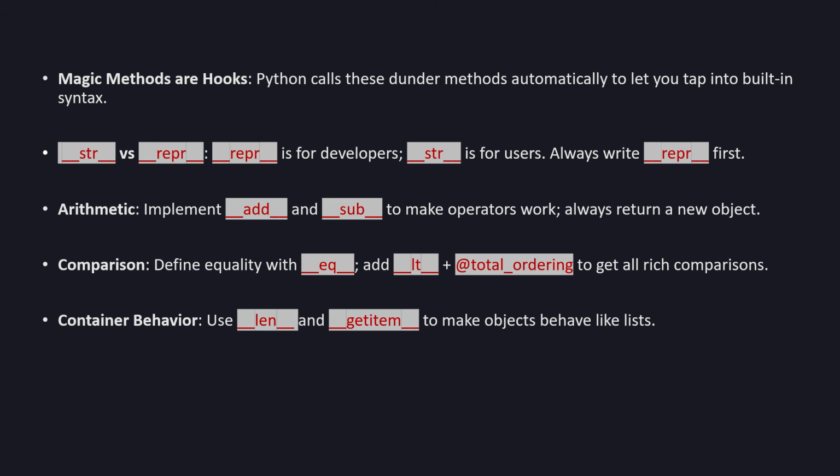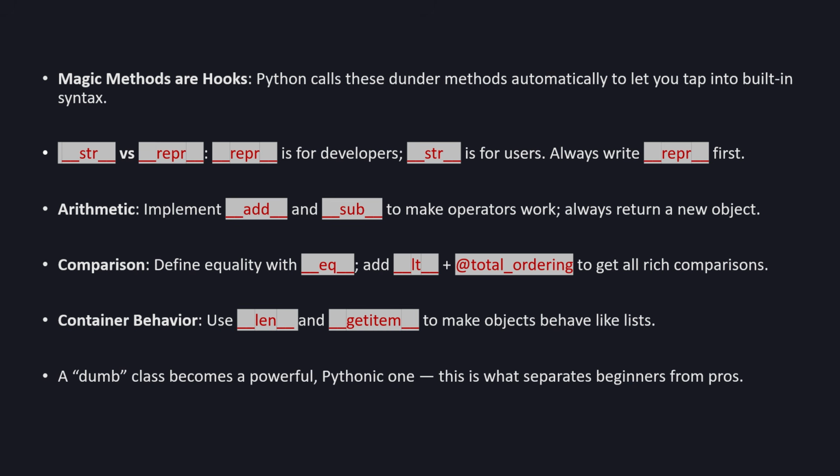Container behavior. With dunder len and dunder getitem, you can make your object behave like a list, allowing len function and indexing. We took a dumb class that gave type errors and weird printouts, and we transformed it into a powerful, easy to use and Pythonic piece of code. This is what separates a beginner from a pro.